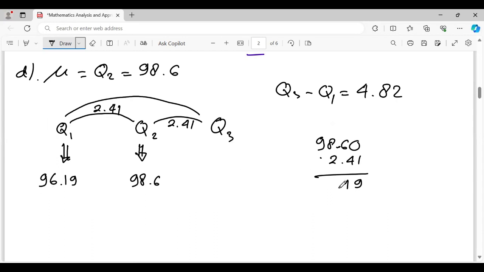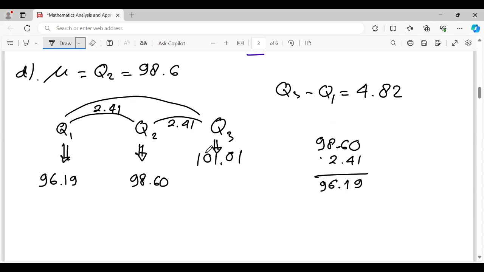So if 98.6 plus 2.41, it will be 101.01. Yeah.